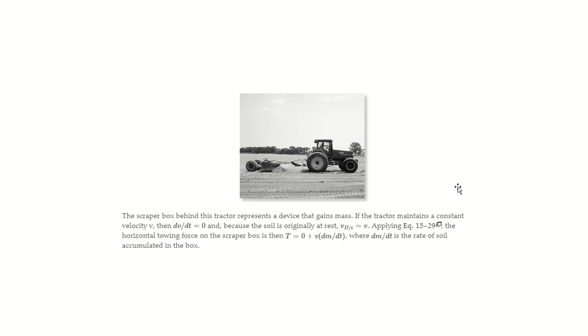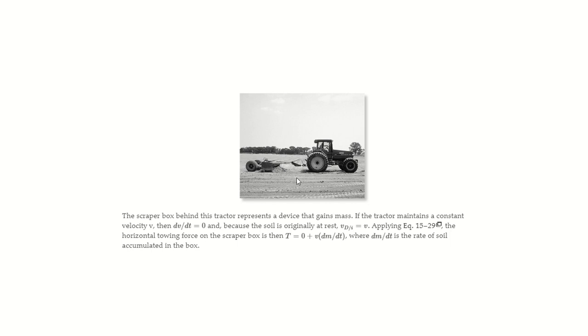When that is zero, of course you have a constant velocity that the tractor is using to do that motion. And the soil is originally at rest because it doesn't move, right? The tractor is moving on it, and we are scraping the soil onto this structure.